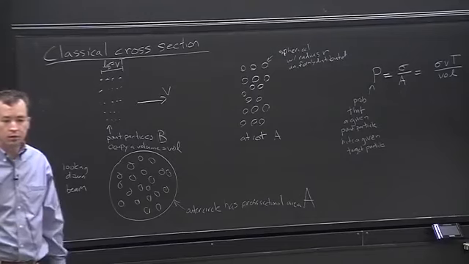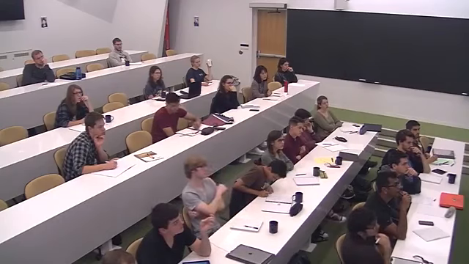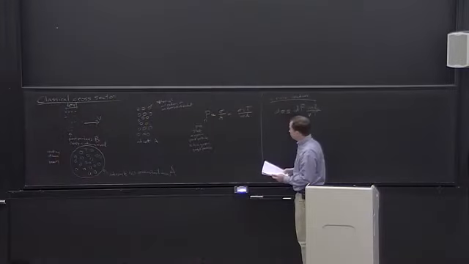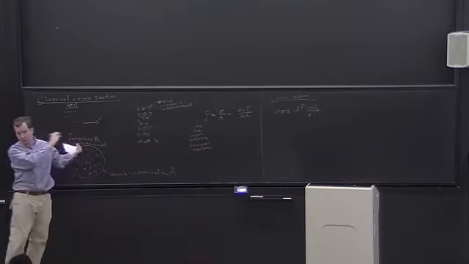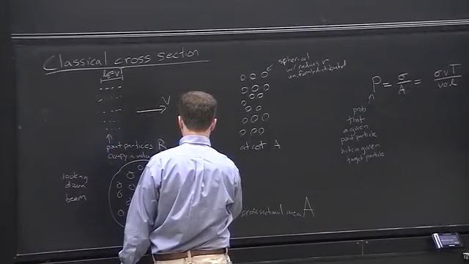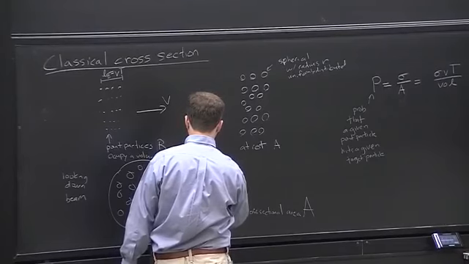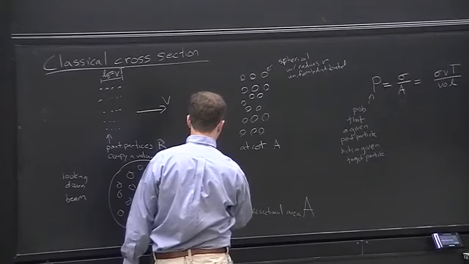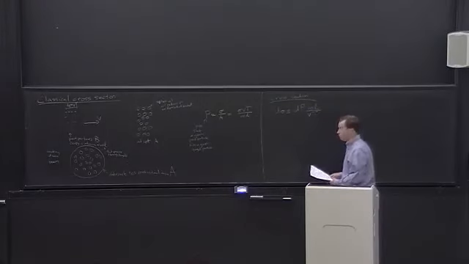Okay, right. And so for this volume, I guess it should be the volume that passes through the target particles. Why should that volume be the volume that passes through the target?